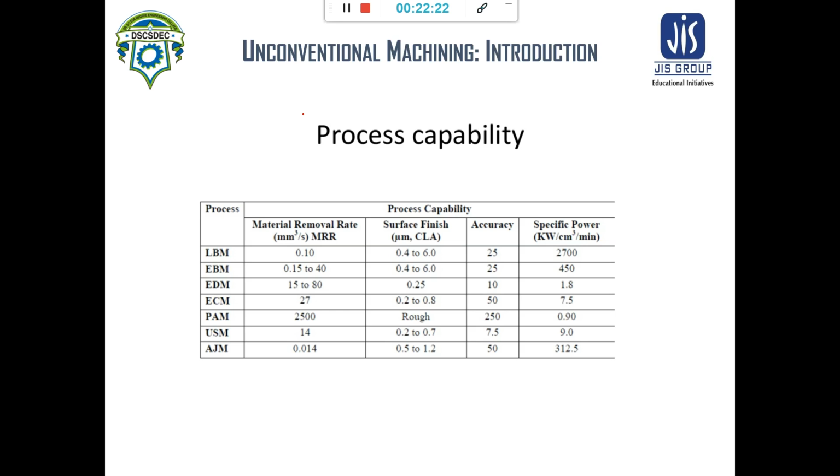And accuracy can be found up to 25, and specific power requirement is 2700, that is power density is 2700. So these are all the process capabilities. These are seen in this table.